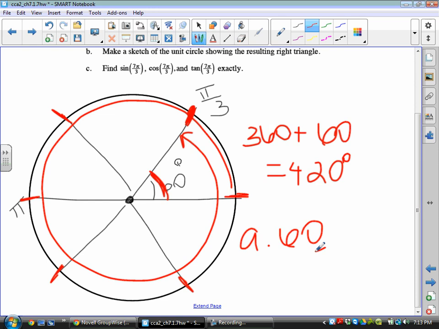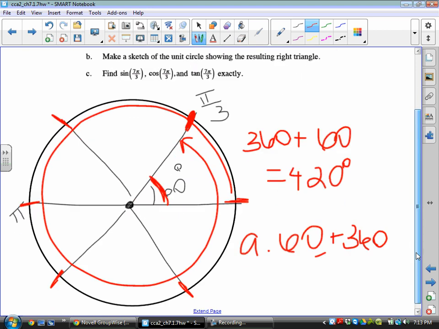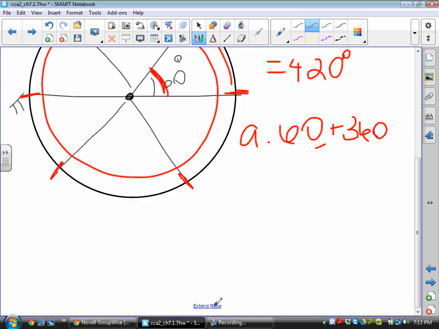If I keep adding another cycle, so if I keep adding 360 degrees for however many times I'm going around, we can find an infinite number of angles. We're going to use this in radians. My 60 degrees was pi over 3 radians, plus one time around the circle, which is 2 pi radians. Or I could go in the negative direction.